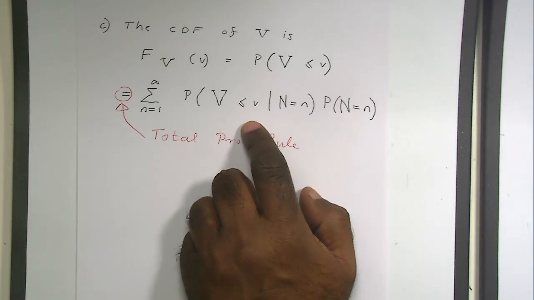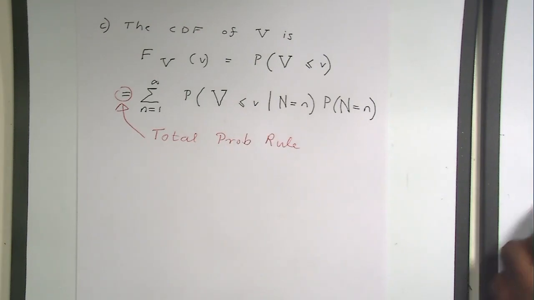the CDF of V under case 3 last week. If you look at what we did last week, this is the expression that we got for the CDF of V when n was fixed.